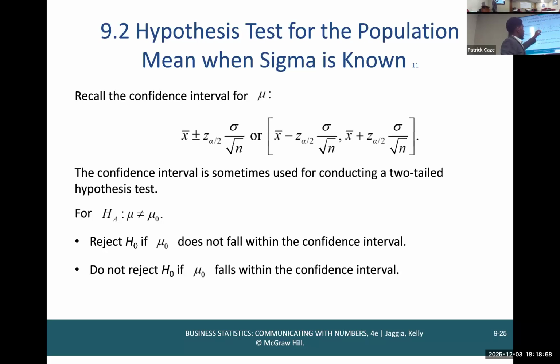We multiply by the sigma divided by the square root of n, right? So confidence interval is just another way to do some hypothesis testing. If it falls within, then you don't reject it. If it does not fall within the confidence interval, then you reject. Okay.